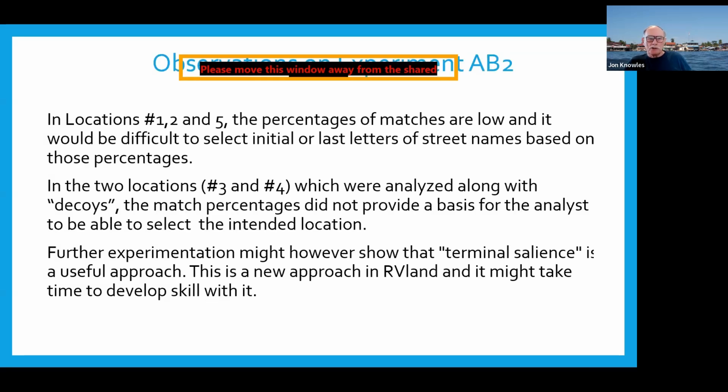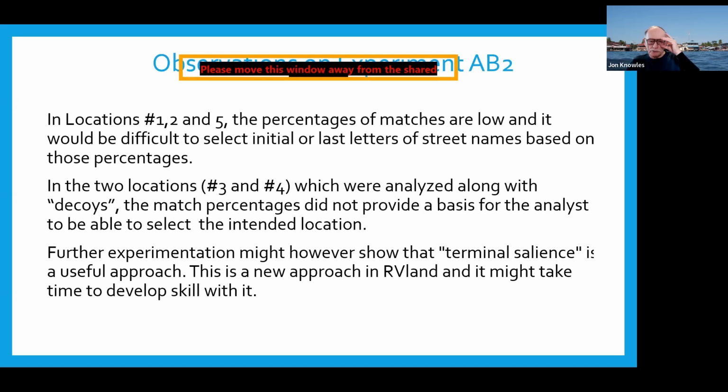So, observations: in locations 1, 2, and 5, the percentage of letter matches is low, and it would be difficult to select initial or last letters of street names based on those percentages. In locations 3 and 4, which were analyzed along with decoys, the match percentages did not provide a basis for the analyst to be able to select the intended location. But further experimentation might show that terminal salience is a useful approach.